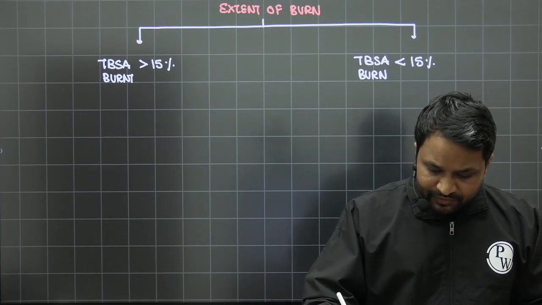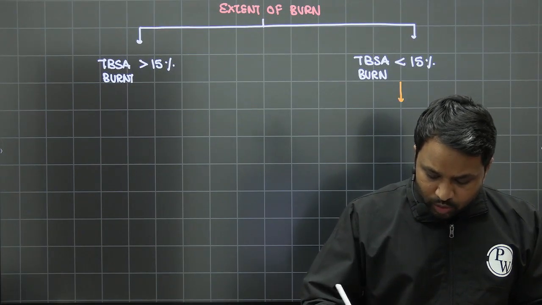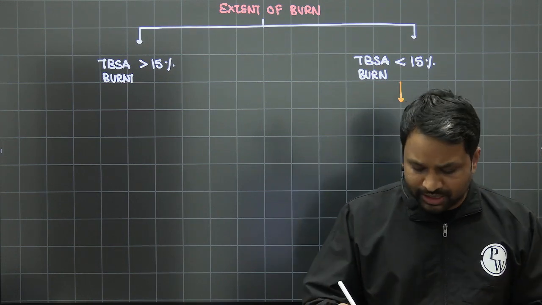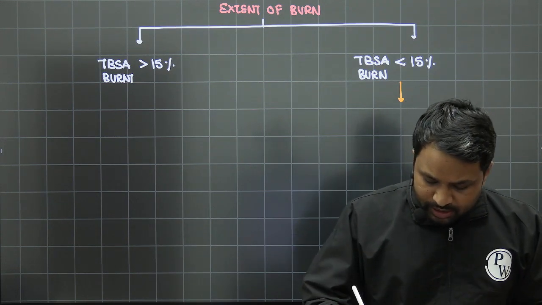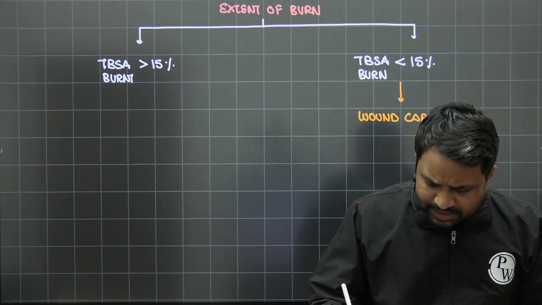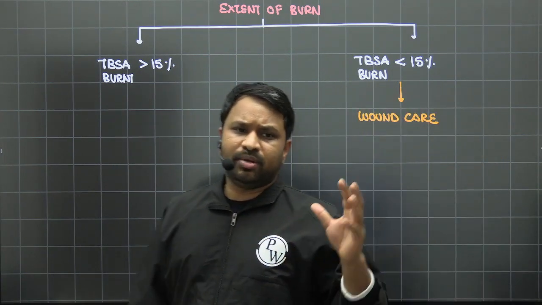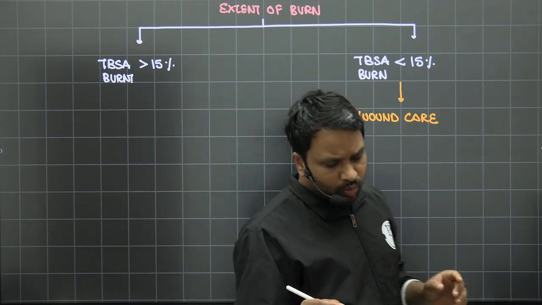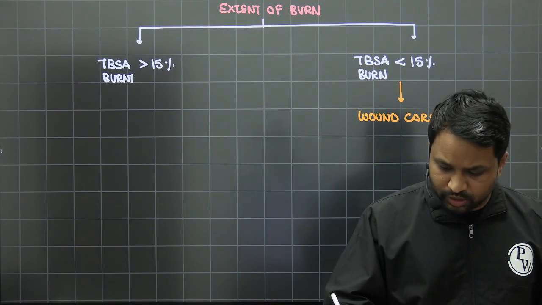For an insignificant burn, it is going to be local management, that is your moist dressings and all that. So here it is only going to be basic wound care. We'll discuss in detail how we do wound care. If it is less than 15%, it is restricted to wound care.